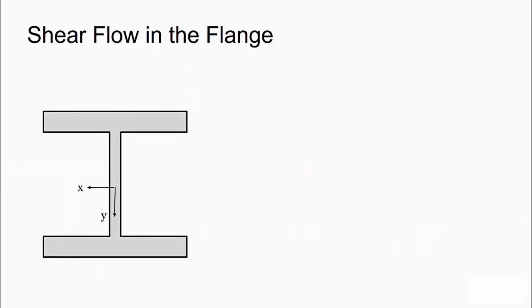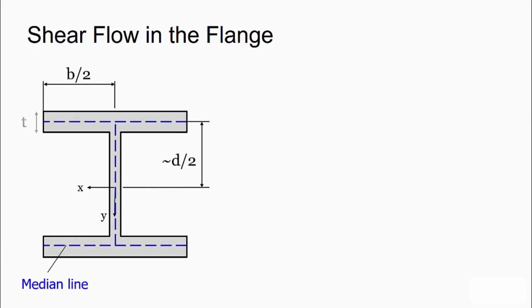Let's first start off by examining shear flow in the flange of the I-beam section. To help us remember that it is a thin-walled section and to simplify some of the calculations, let's consider the median line of the I-beam section as the actual section. Therefore, the height to the middle of the flange is approximately equal to d over 2.